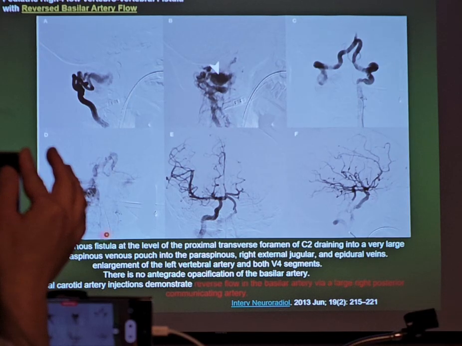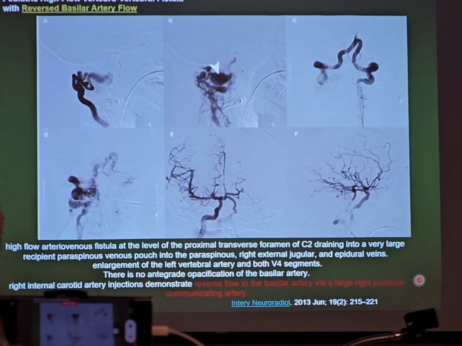It is seen there that the reverse flow of the basilar artery via the large communicating artery is always there, and if you are able to close the fistula, the vertebral artery may come back and help to supply the posterior circulation.